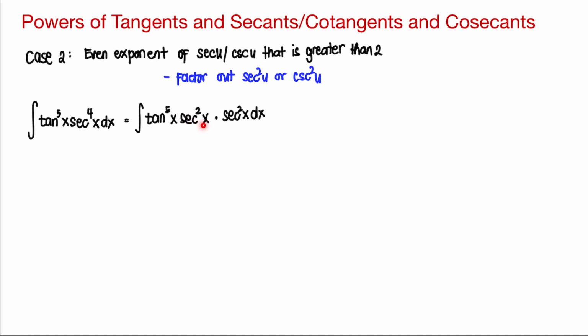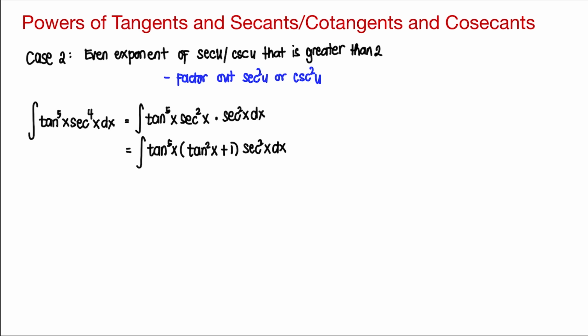We have to express secant squared x in terms of tangent, and we are going to use the Pythagorean identity. So what's the Pythagorean identity for that? That's tangent of x to the power of 5, and then secant squared x is equal to tangent squared x plus 1. And we have secant squared x dx.